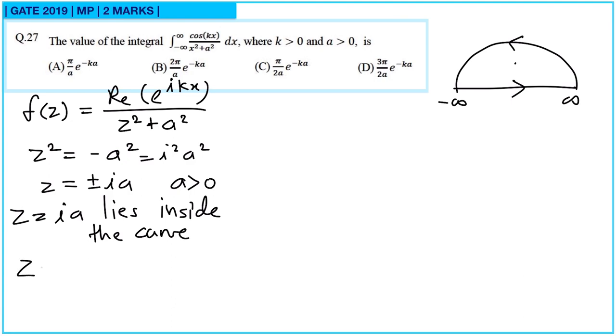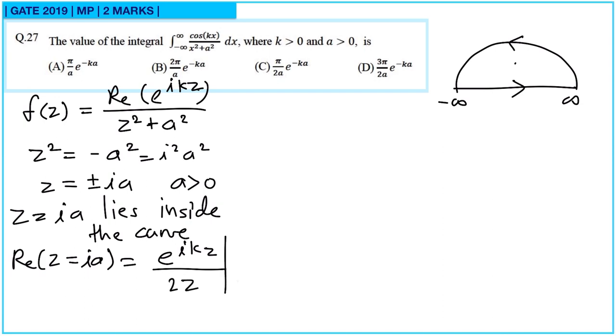So that means we have to find the residue at z is equal to ia. This is equal to the numerator, which is e raised to ikz, upon the derivative of the denominator, which is 2z, at z is equal to ia.